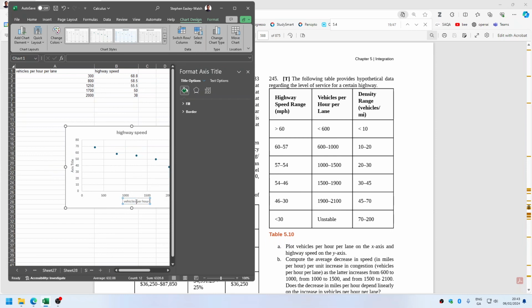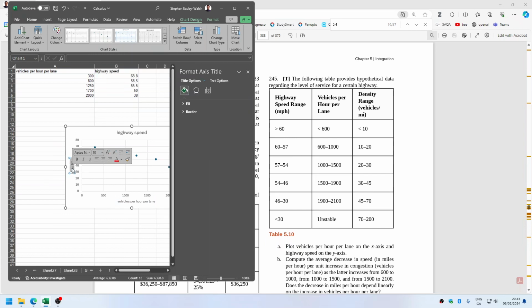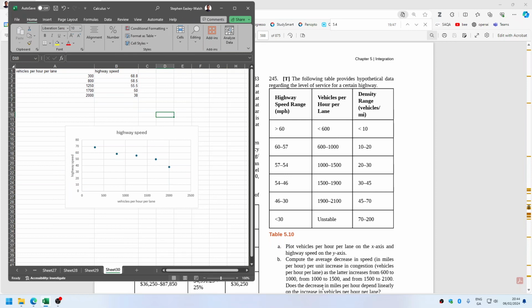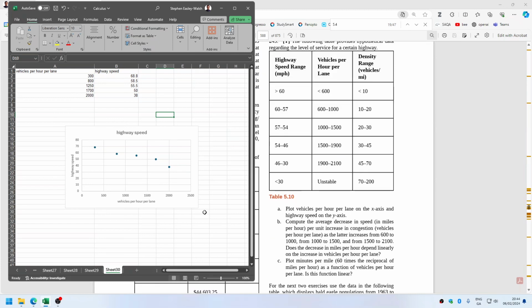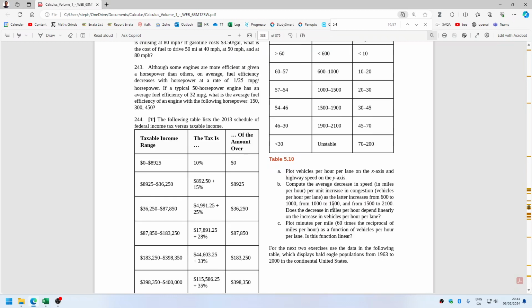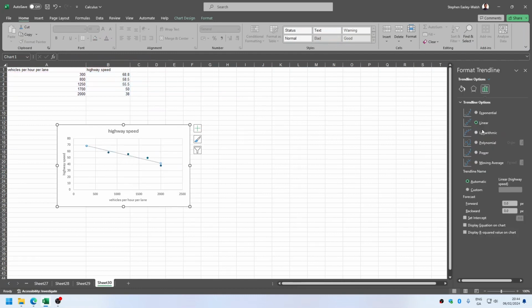Vehicles per hour per lane and highway speed. Compute the average decrease in speed in miles per hour per unit increase in congestion. Let's add in the trend line.